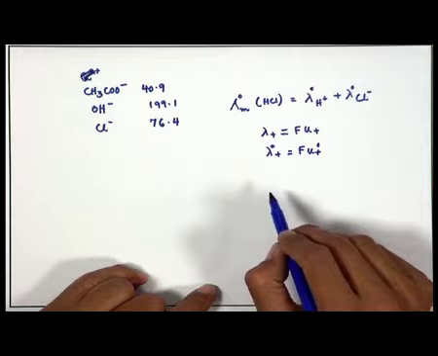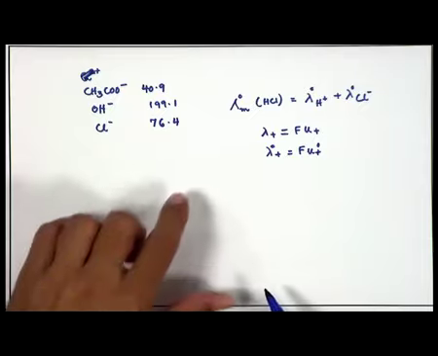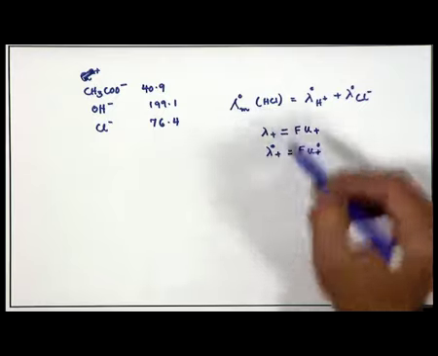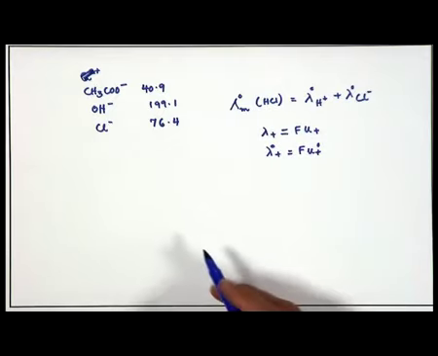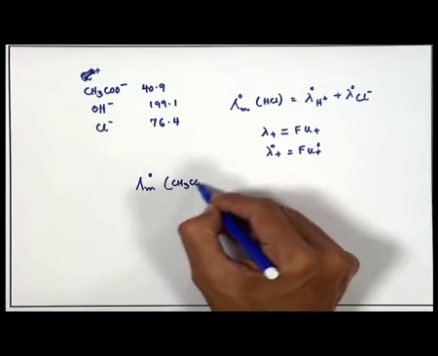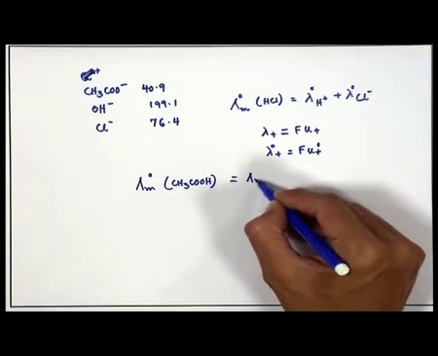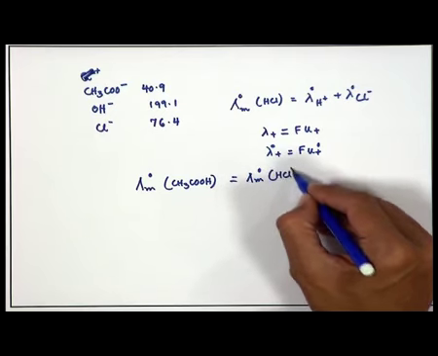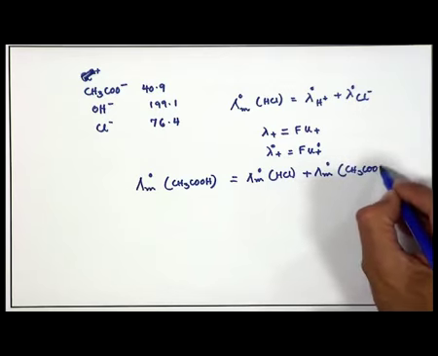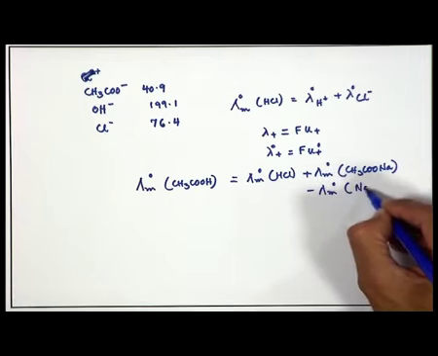This way you can find out these numbers experimentally, and then plugging in these numbers as per requirement, you can find out lambda m 0 for different electrolytes. Therefore, for lambda m 0 of CH3COOH, you are applying Kohlrausch's law of independent migration of ions: lambda m 0 CH3COONa plus lambda m 0 HCl minus lambda m 0 NaCl.